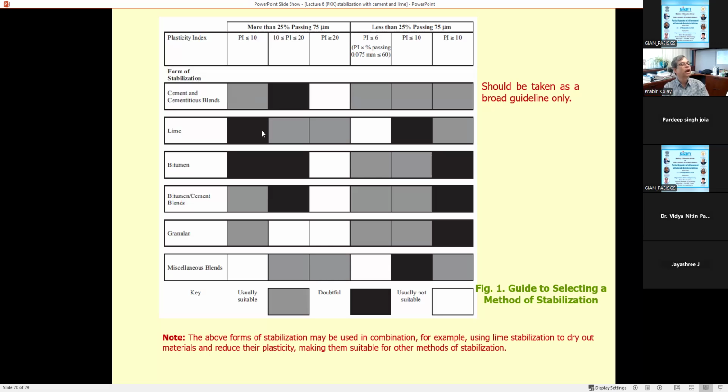This is a more granular type of soil. When you go to this side, it's much better. If the plasticity is increased, the liquid limit is more, so in that case it is suitable also. This gives you a guideline from the particle size distribution and the plasticity index, that is, liquid limit minus plastic limit.